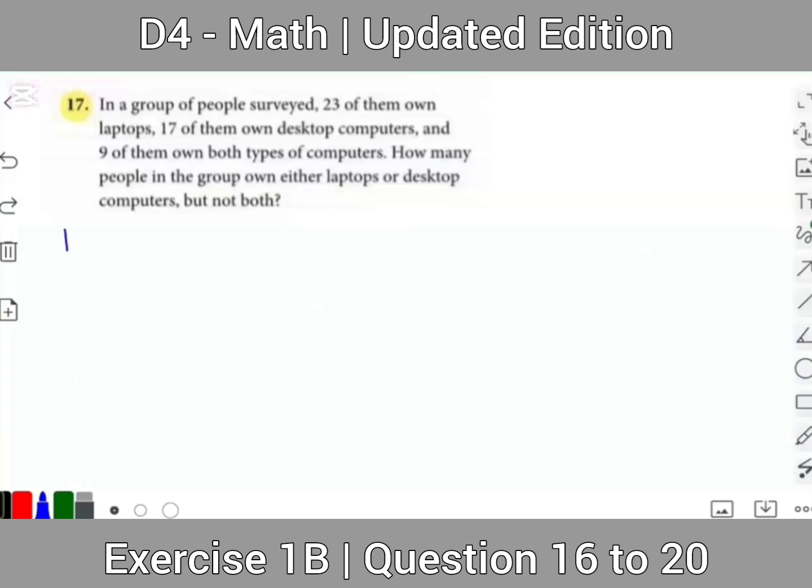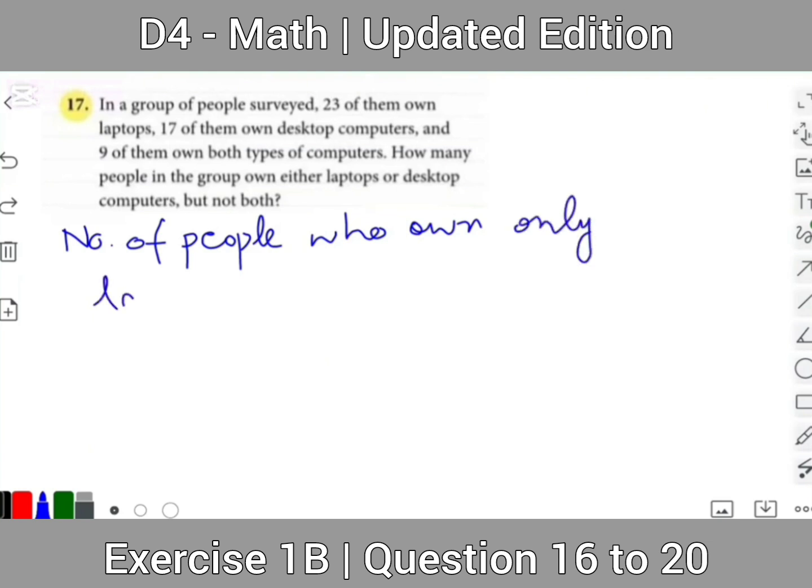Now we will find out the number of people who own only laptops. We can find it just by subtracting the number of people who own both types of computers from the number of people who own laptops.